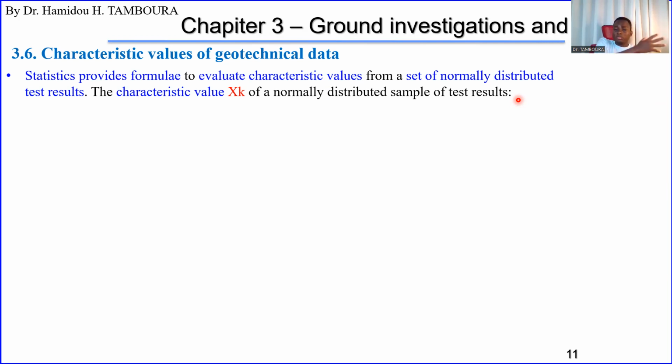So if you have two lab tests, these two lab tests will give you two derived values, because as I explained, the characteristic values are obtained from the derived values. Derived values are the values obtained from a lab test or a field test. So if you obtain two field tests and two lab tests, you have four test results. You will get four derived values, for example, for the internal friction angle of the soil.